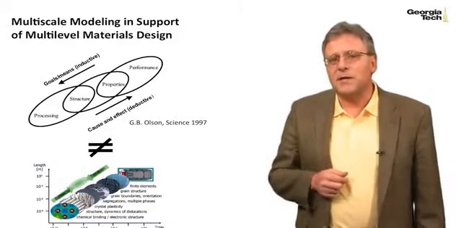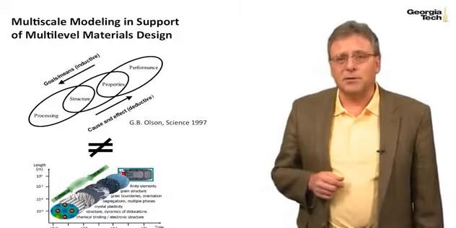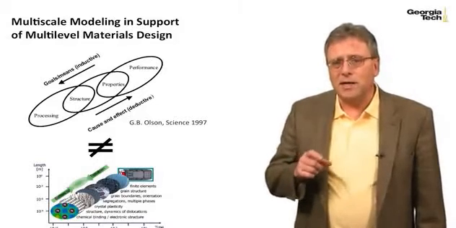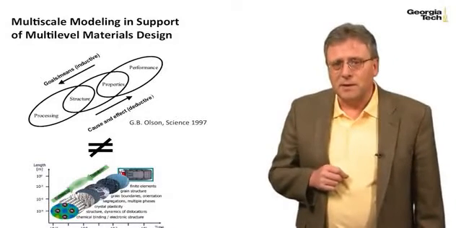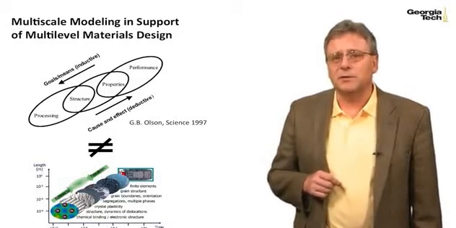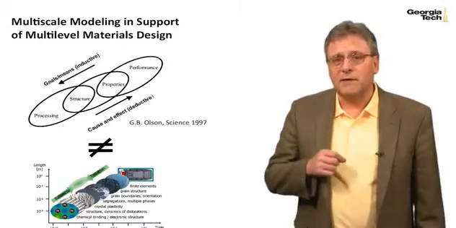That's a top-down design approach, which is very familiar in engineering design, not so familiar in materials design and development. It's important to consider that these two are not equivalent enterprises. Multi-scale modeling in particular supports multi-level design of materials at every scale: process, structure, property, performance, at every stage of the process.